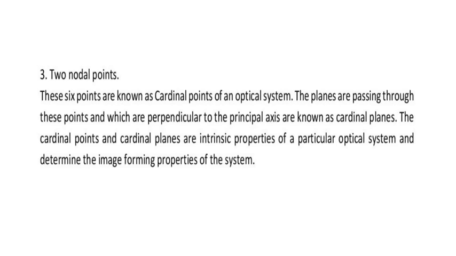The planes passing through these points and which are perpendicular to the principal axis are known as cardinal planes. The cardinal points and cardinal planes are intrinsic properties of a particular optical system and they determine the image forming properties of the system under consideration.